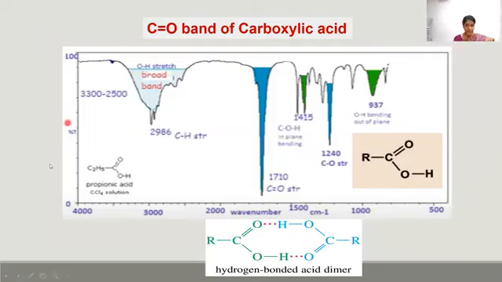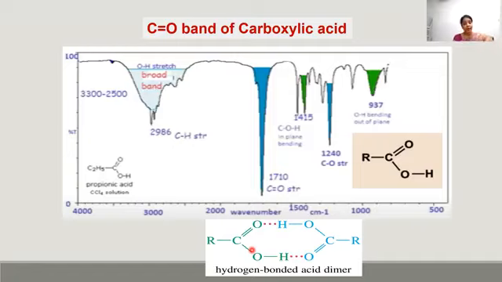In acids, two acid molecules are bonded together by hydrogen bonding, and they exist as a dimer. Because of the dimer formation, the OH band is very broad in the case of acid. The broadening is greater as compared to the intermolecular hydrogen bonding in alcohols.